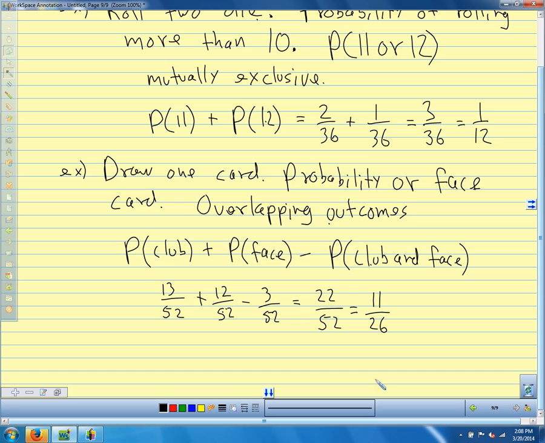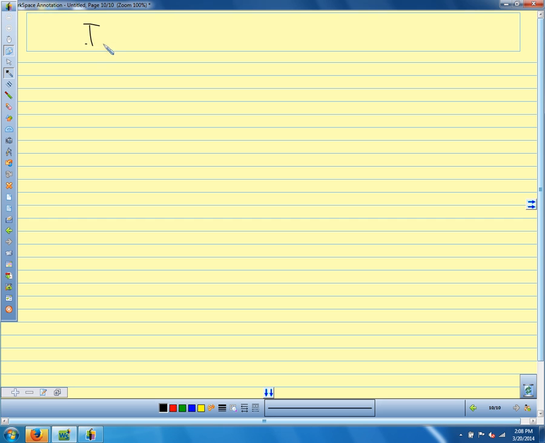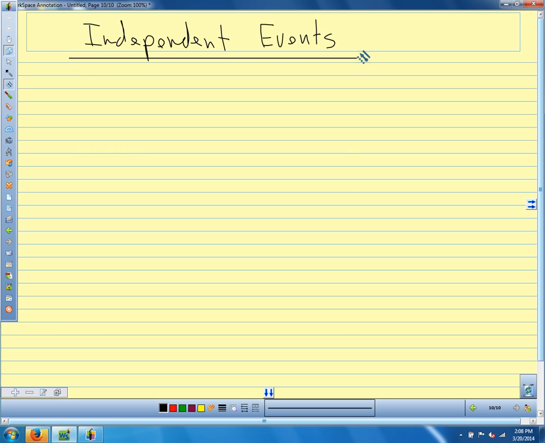All right, we have two other things to talk about: independent events and the complement of an event, and they're pretty easy ideas. So let's talk about independent events. Independent events are ones whose outcomes don't affect the other.